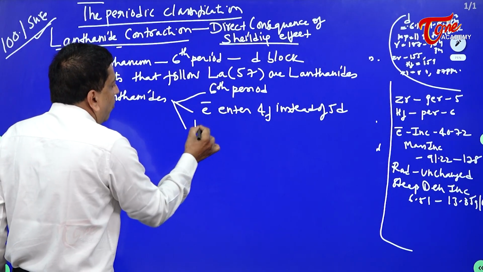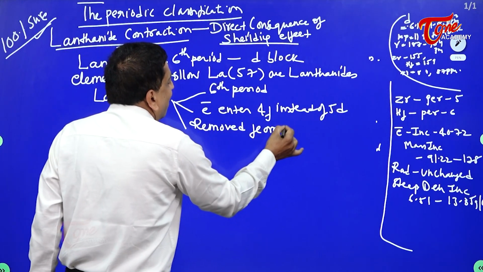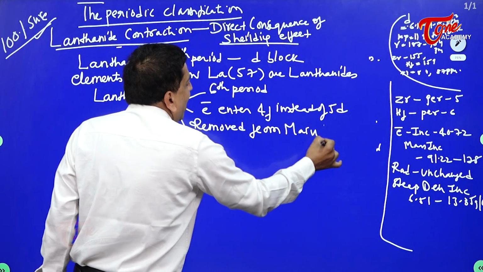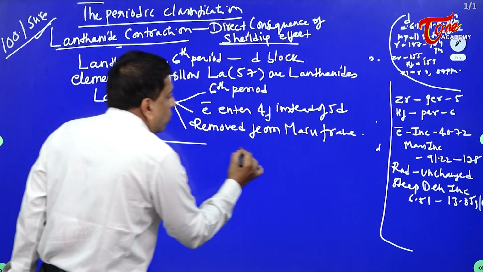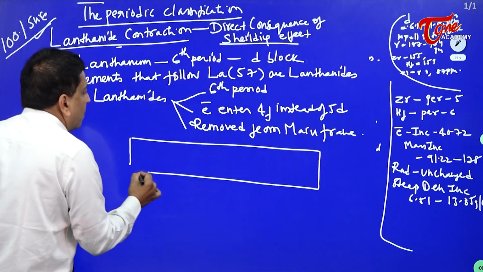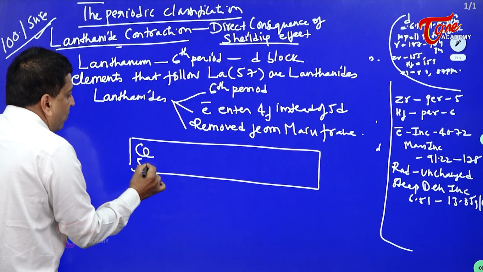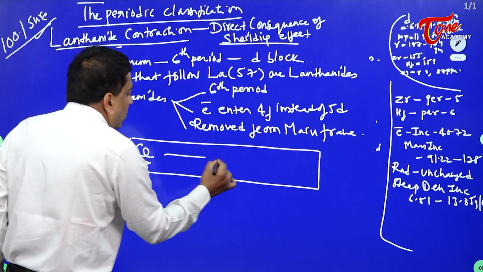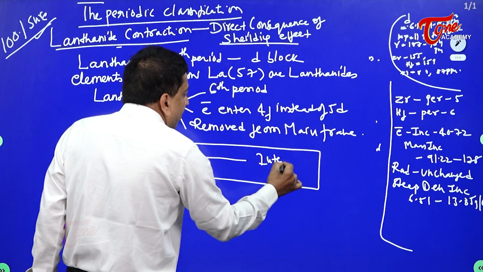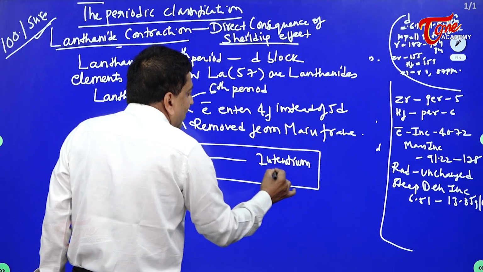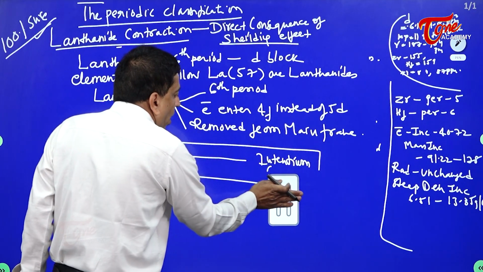So they are removed from the mainframe and put at the bottom. Remember, this is cerium, 58, to 71, that is lutetium.